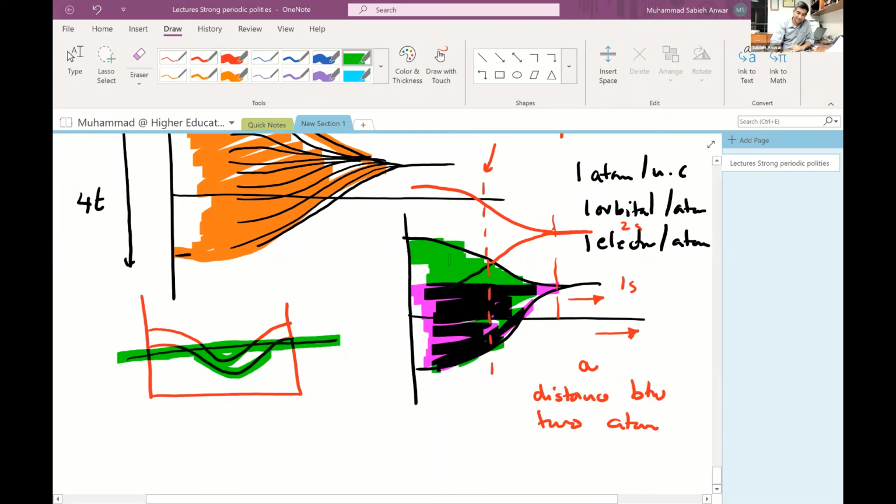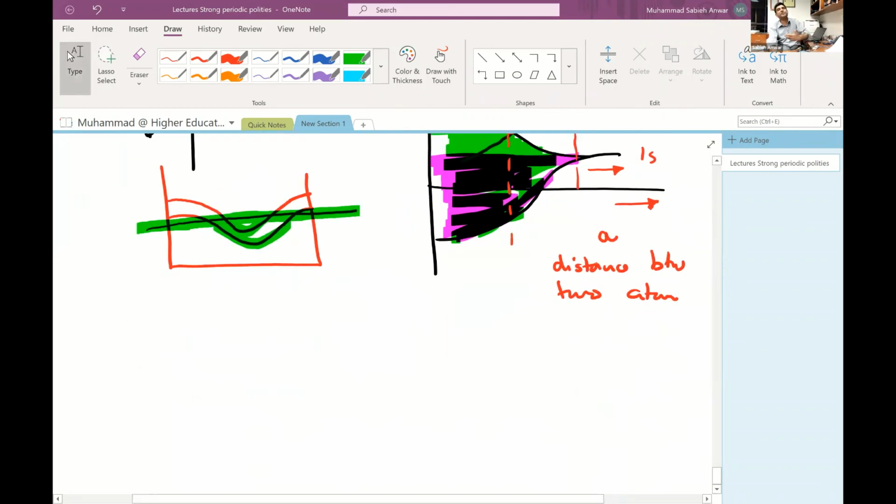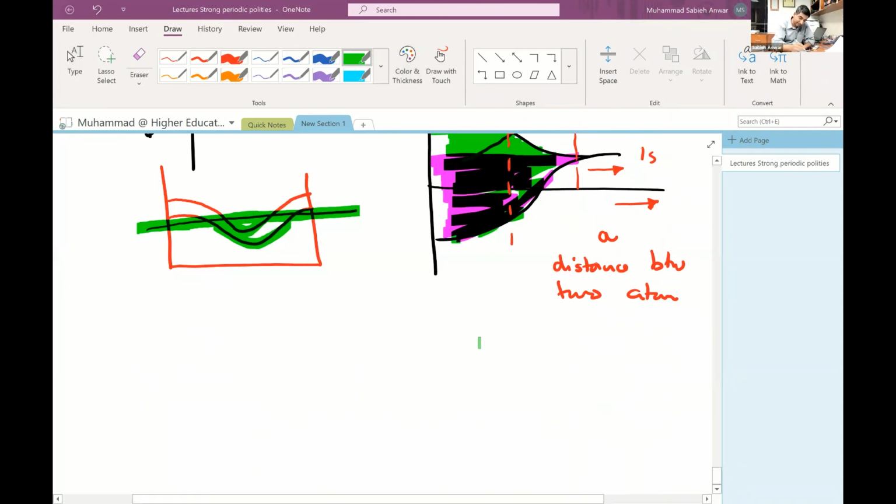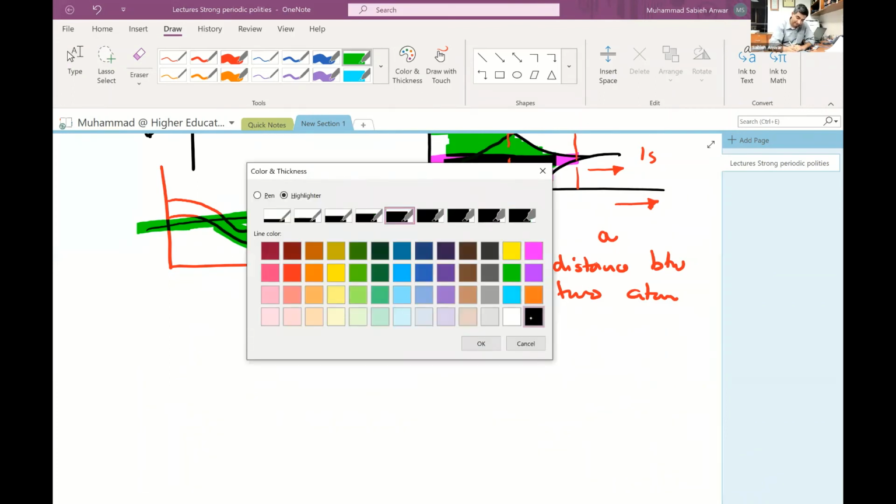However, if the atoms are close together, which means the bands start to overlap, then the first band will also remain empty to some extent, and the second band will also remain empty to some extent. The second band will take up some of the electrons. So both of these bands will now be partially filled. Let me redraw this because there's a mishmash of colors over here. Excuse me.